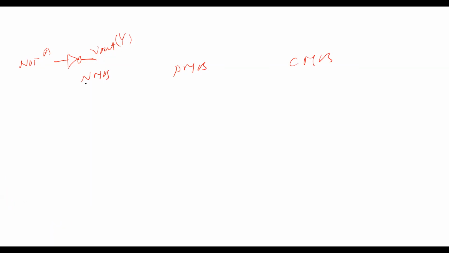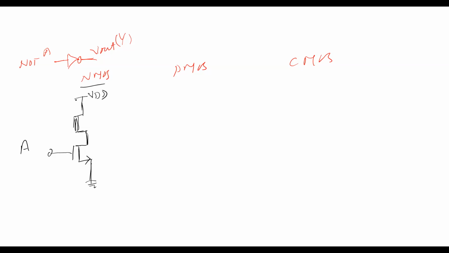For the NMOS inverter, this is my NMOS inverter. The depletion MOSFET sits on the head of the enhancement MOS transistor. This is the enhancement transistor. Source is grounded. Here you can apply A as the input. And this is the depletion MOSFET. This is the VDD.